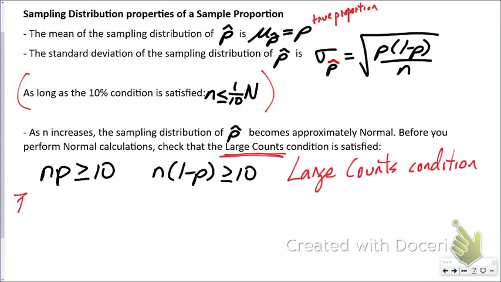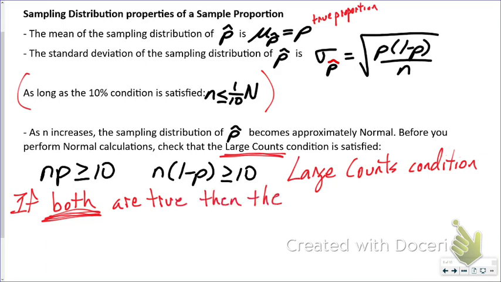If both of these inequalities are true, keyword both, then the sampling distribution is approximately normal.